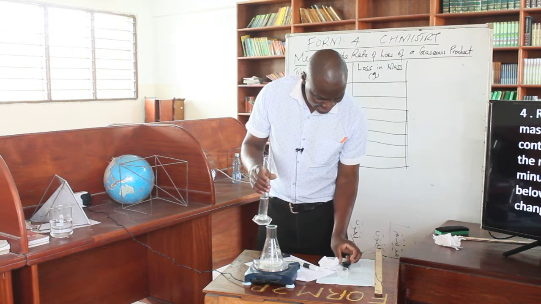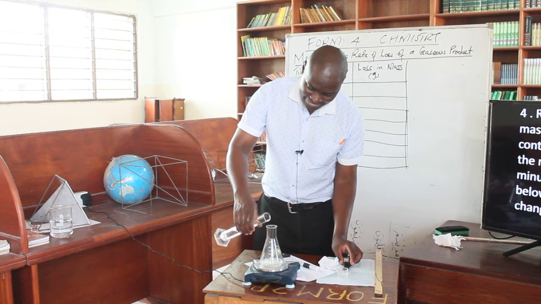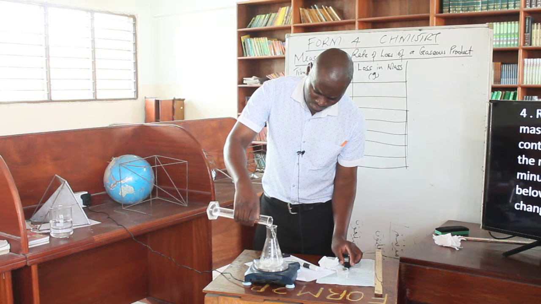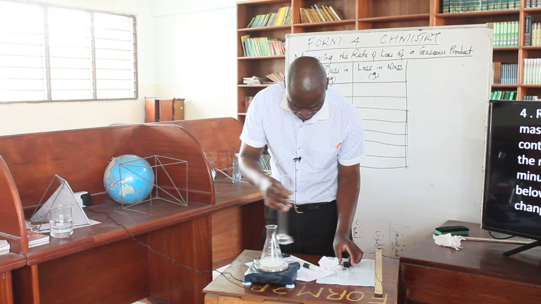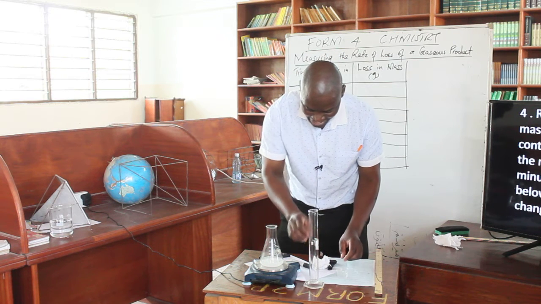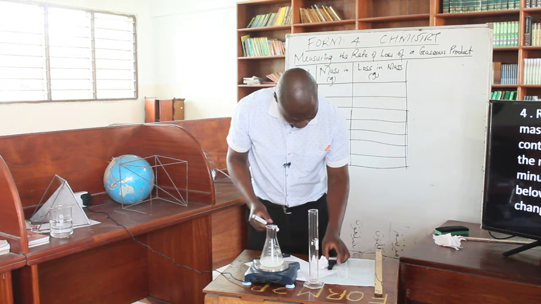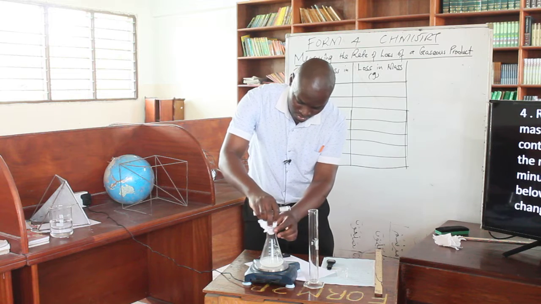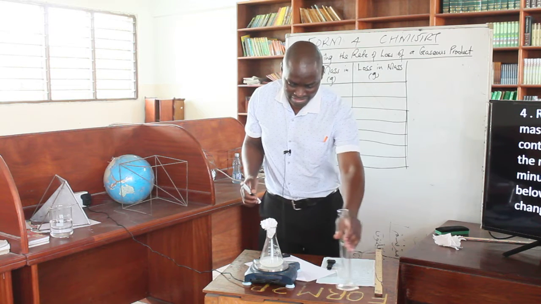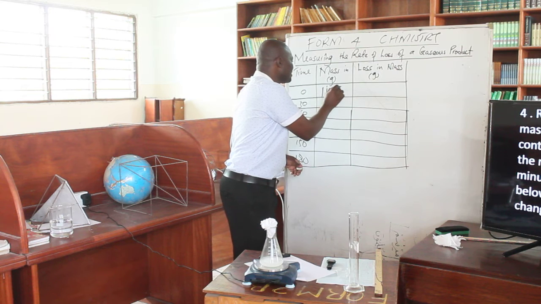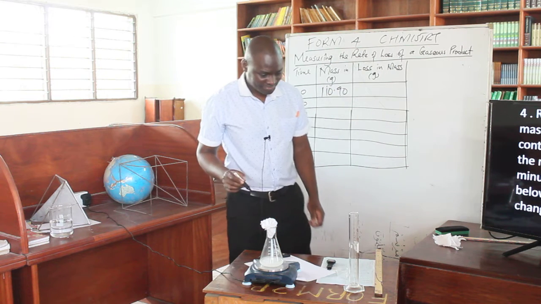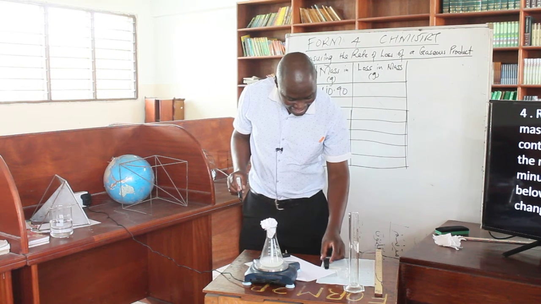So once I add, it is 110.9. I'm going to block it like that. So here we have 110.90.